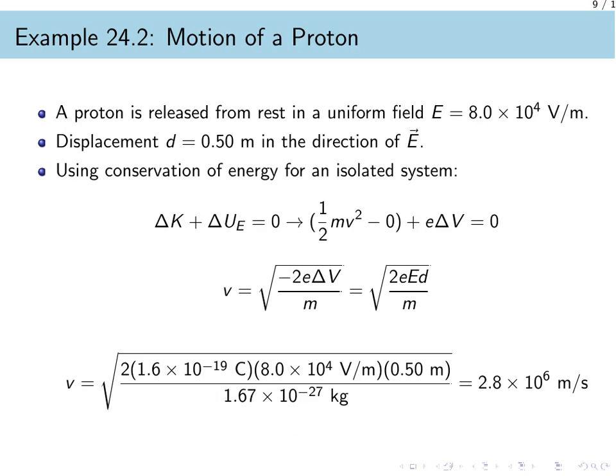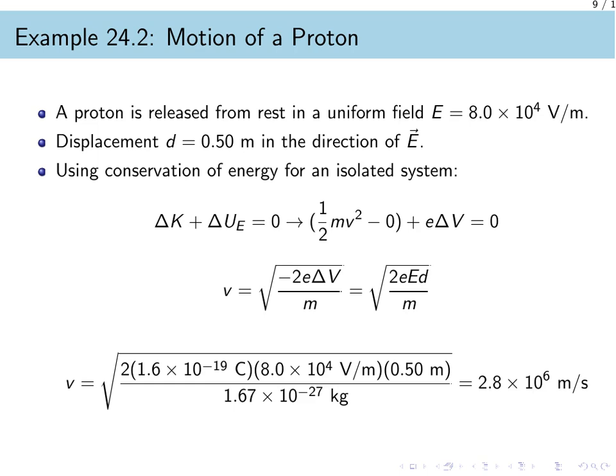Next, let us analyze the motion of a proton released from rest in a uniform field of 8.0 times 10 to the fourth volts per meter. As the proton moves a distance of 0.50 meters in the direction of the field, we can use the law of conservation of energy for an isolated system. The change in kinetic energy plus the change in potential energy must equal 0.